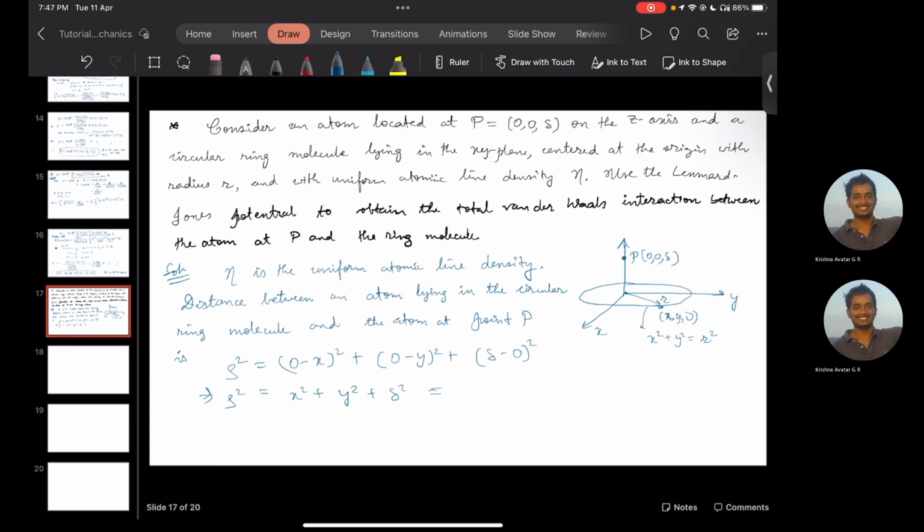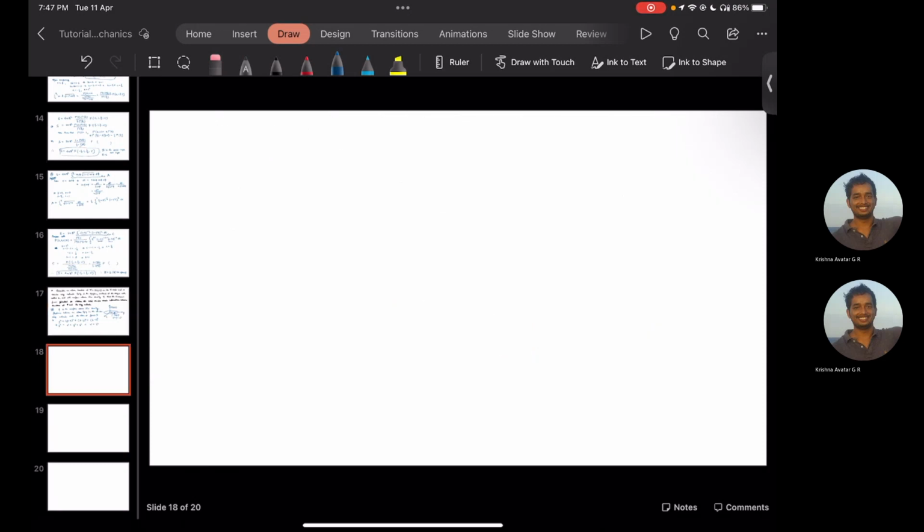So then this means that we have r square plus delta square, and you saw that both r and delta are constants, isn't it? Okay, so now what we do is we'll find the total interaction energy, or total van der Waals interaction energy. And this is very well given by E is equal to, and the linear density is eta.